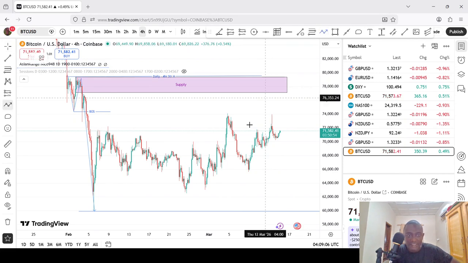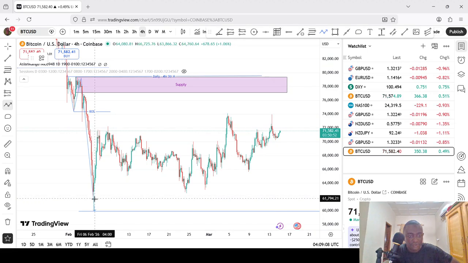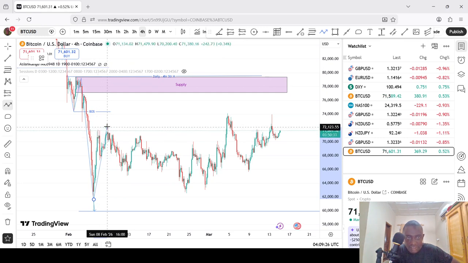So here it is. Price started from this point and rose to this point. If you click here, you see when price got to this point, these candles didn't close above this, because they didn't close above, this point is part of this move. Alright, so you bring it like this.